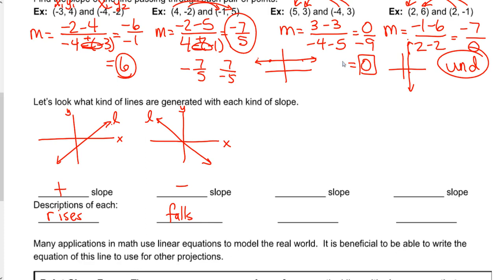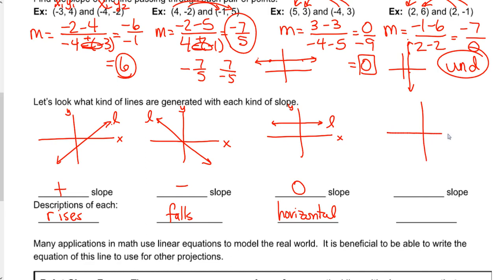This is our 0 slope, and we already found that that is a horizontal line. So here's my x-axis and my y-axis. I'm just going to draw a line there, call it line L. That is if we have a 0 slope, and the description of that is that it is horizontal. And our last one is just like this, where I have an undefined slope.